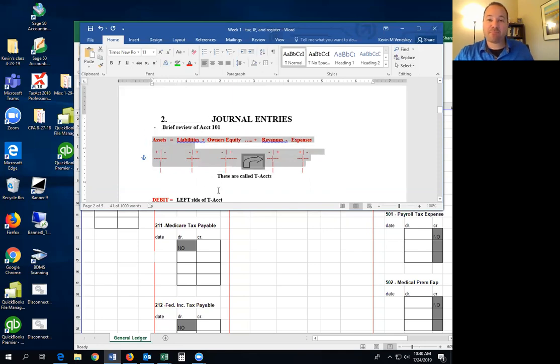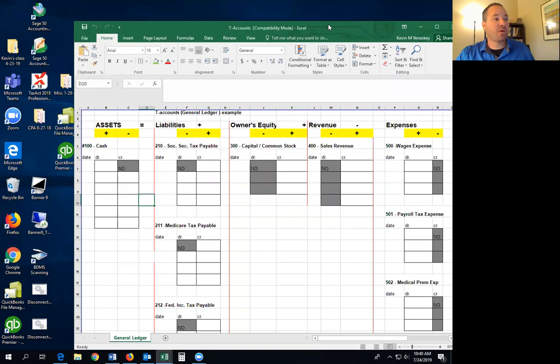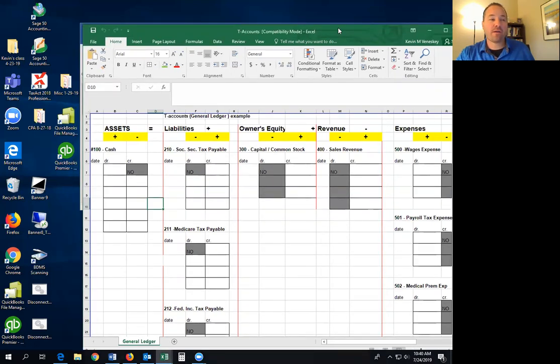There are 5 main parent accounts in accounting: the assets, liabilities, owner's equity, revenue, and expenses. The main ones we're going to look at just for this class are the liabilities and the expenses. And then we'll briefly use cash to pay our employees as an asset. This is one of the attachments you have available in our week 1.